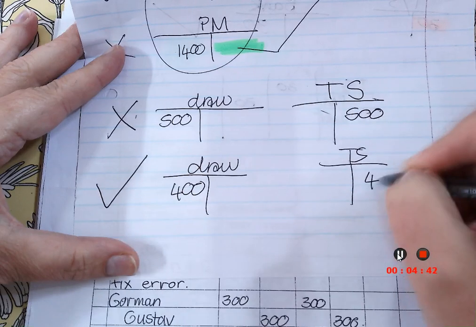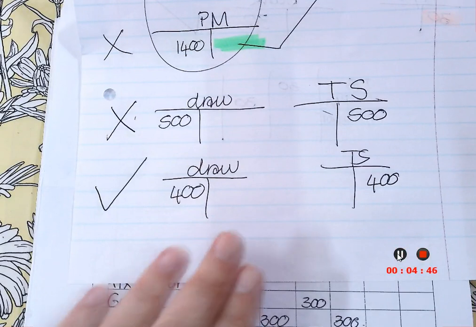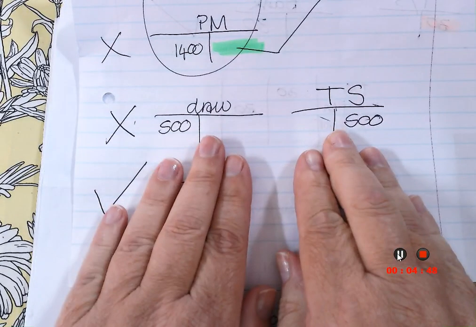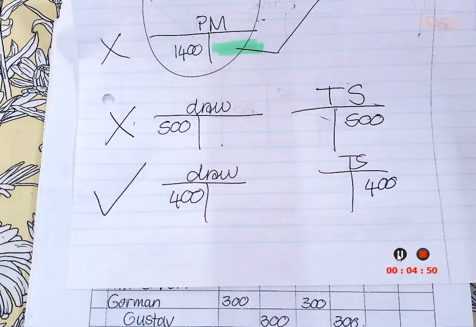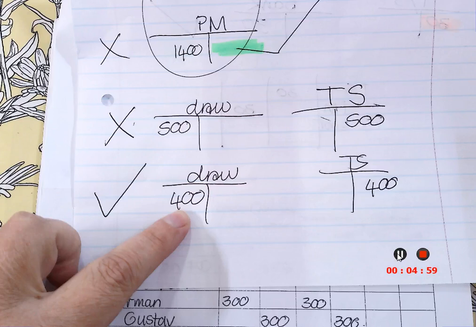So can you see now in this case, the amounts are right, the T accounts are fine. It's the amounts that's wrong. So, can you see I want to make that 500 a 400. How will I do that?